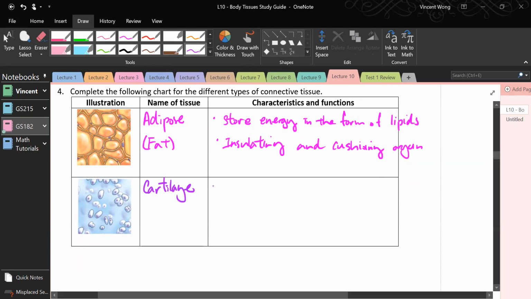Generally, cartilage helps maintain structure, shape, and provides support, while providing flexibility.